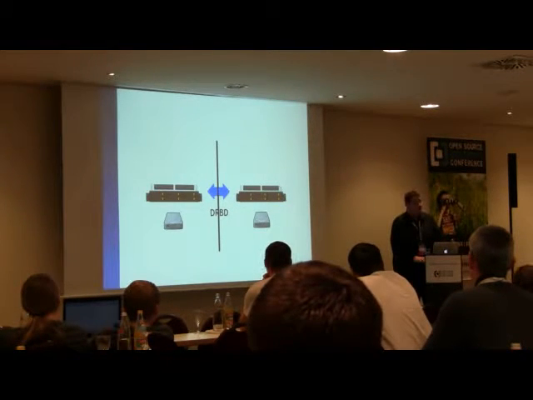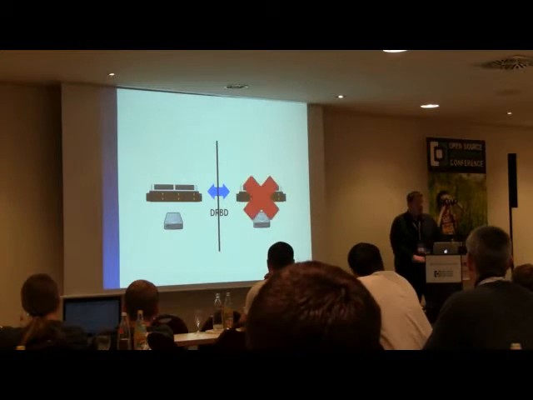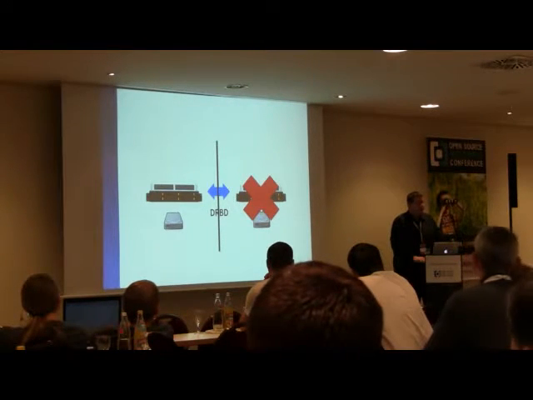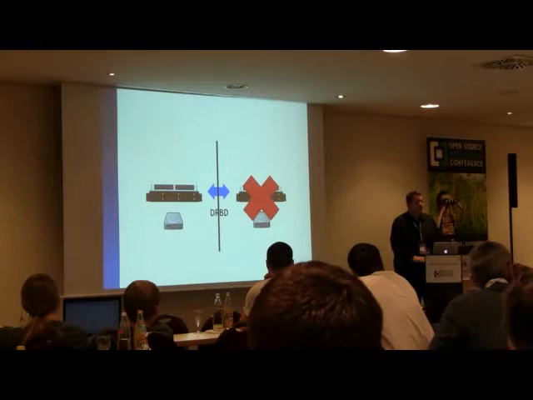So STONITH helps us to avoid split brain situations by making sure that at this point, one of these two cluster nodes is just going to be rebooted, and by that, being kept from causing further problems in the cluster.